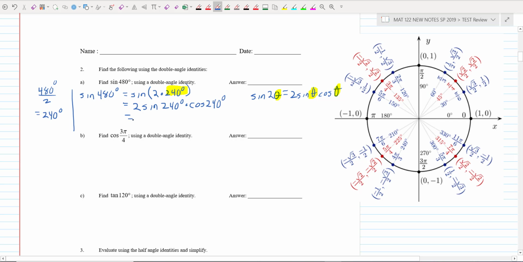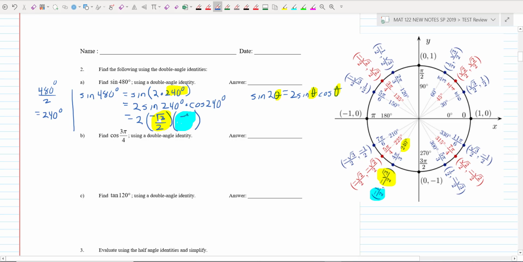Now what we would have is 2 times the sine of 240. Well, you just go to your unit circle. If you locate 240 degrees, the sine is the y value, so that would be negative square root of 3 over 2. And then the cosine would be the x value, so just look up your x value, and that would be negative 1/2.